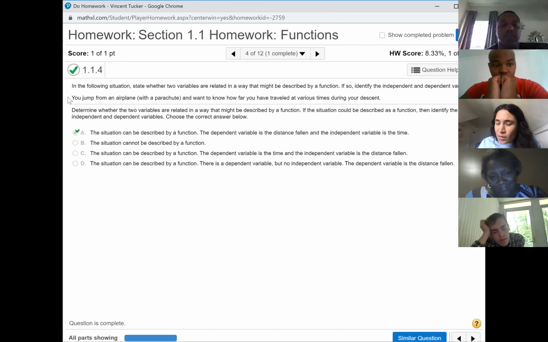The dependent variable is the distance falling, and the independent variable is the time. That's how you try to make that connection between the application that they give you and whether it is a function.